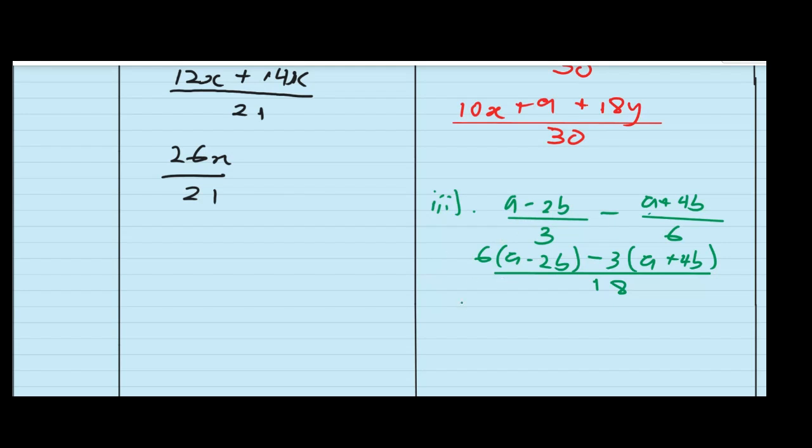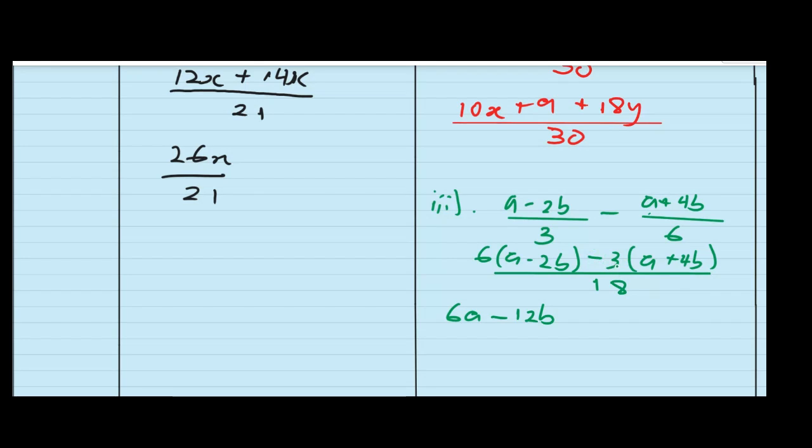Okay, so now let's simplify. 6 times a is going to give us 6a. And then 6 times negative 2b is going to give us negative 12b. And then we are done with the first part. Let's come to the second part. Negative 3 times a. You see, I didn't say 3 times a, but rather negative 3 times a because this negative sign here is affecting the number.